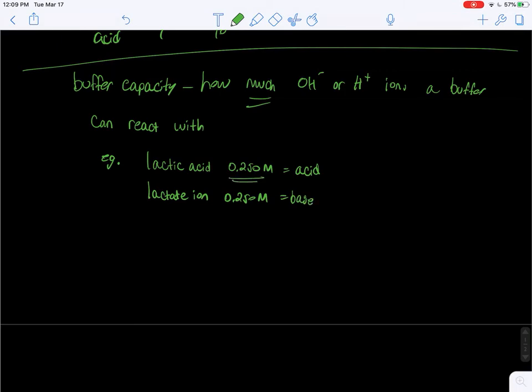Okay? And we can see that we can react with 0.250 molar hydroxide. Okay? All of those hydroxide ions would be eaten up by the acid and converted to the conjugate base. And since the base is an equal concentration, we could react that with the same amount of H+. So that would be the maximum amount of H+ that could be absorbed by this buffer, and the maximum amount of OH-.